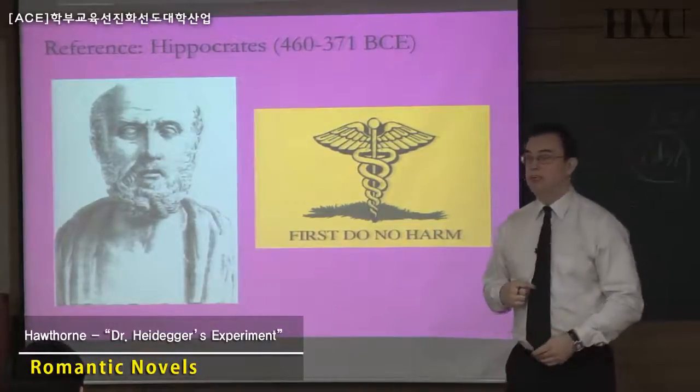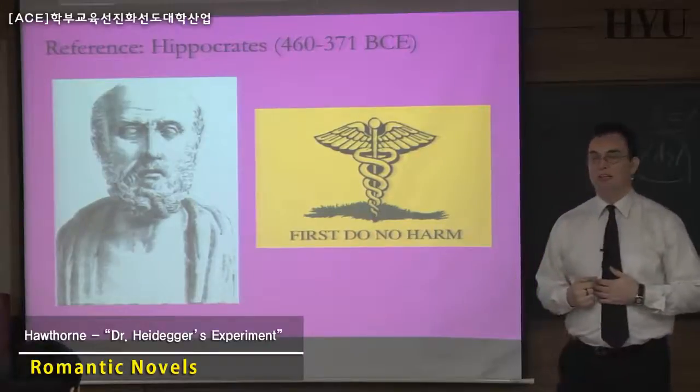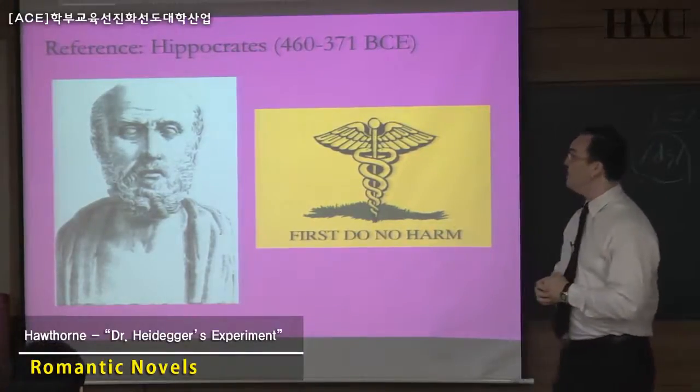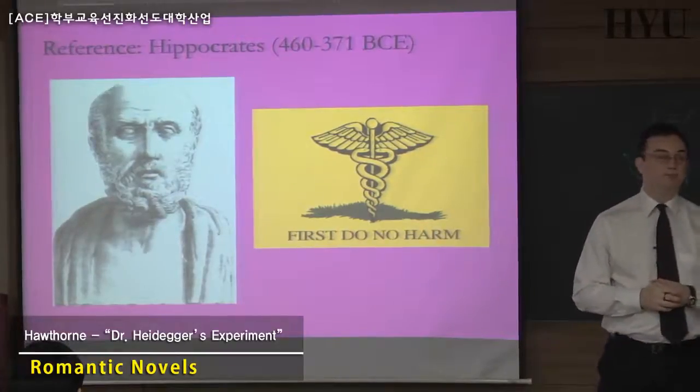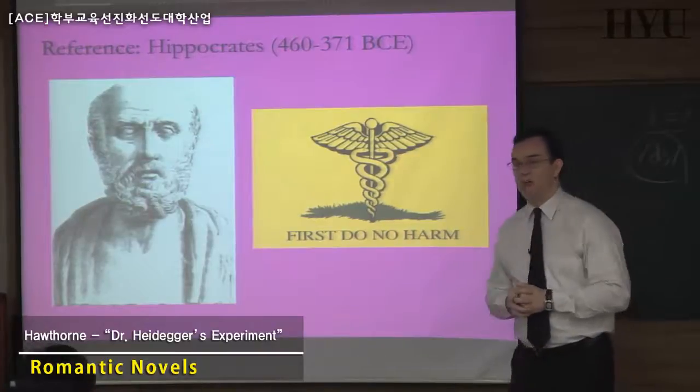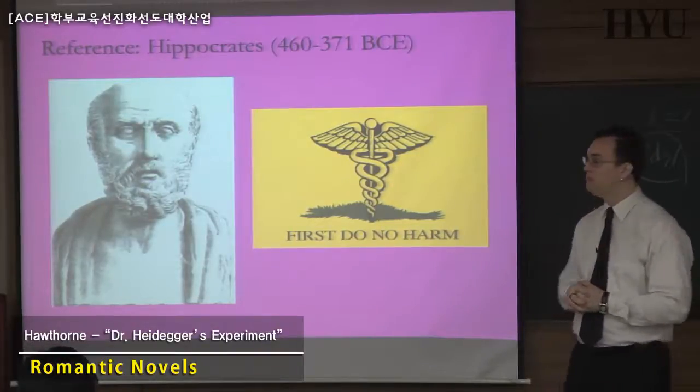Right? And Hippocrates, he was not a hypocrite. That's not why he's called that, but that's his name. And he was a Greek doctor, right? And sort of seen as the founder of this branch of medicine, right?